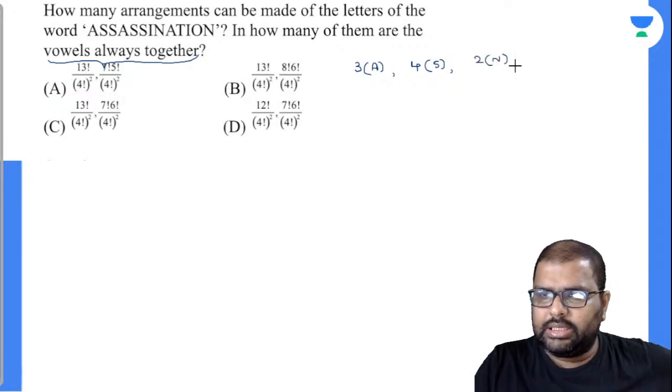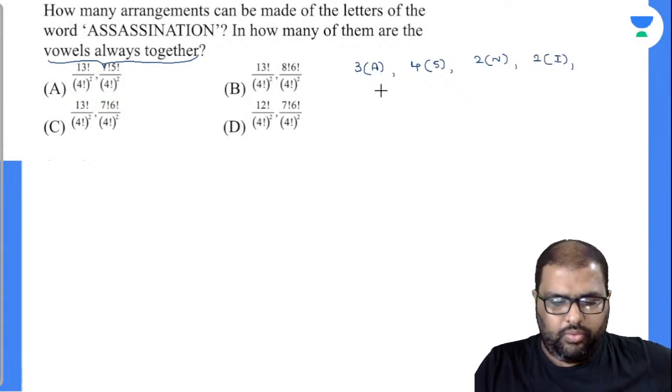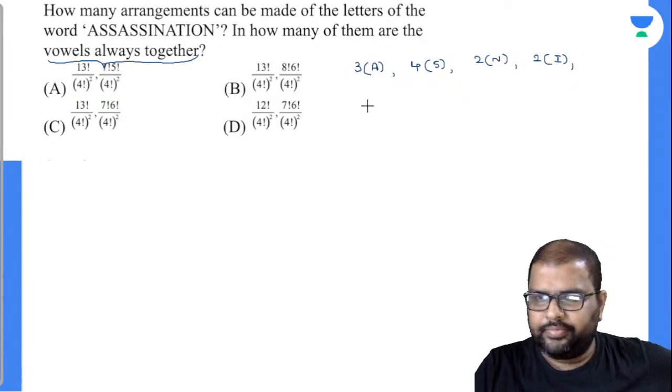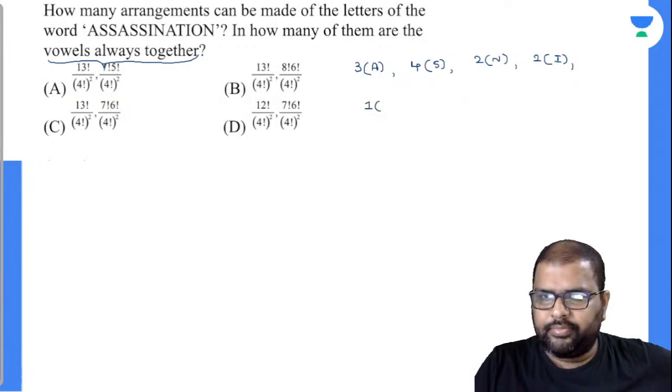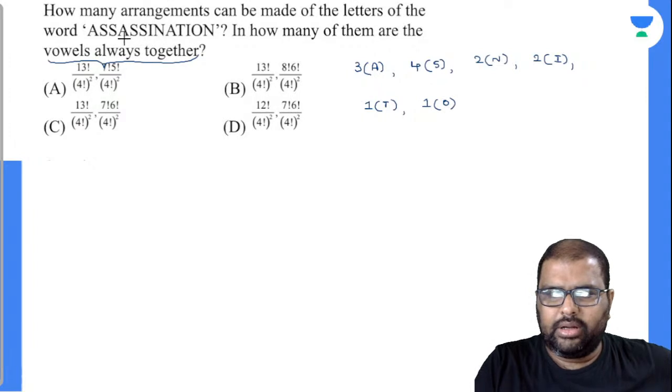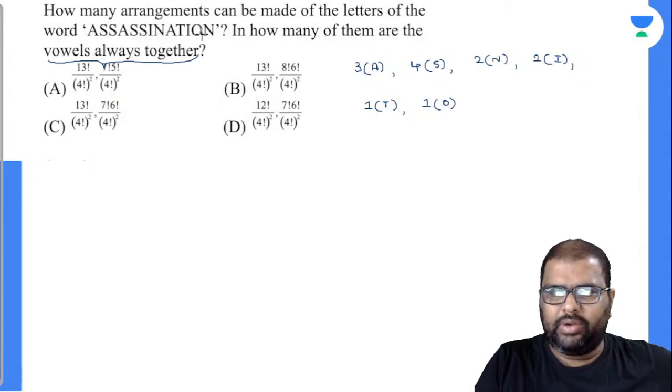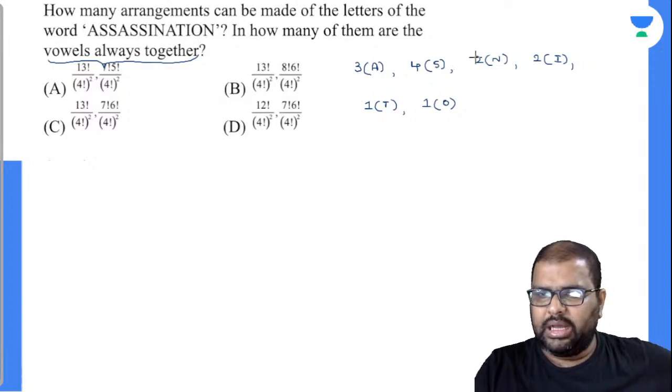How many I's are there? 2 I's are there. 1 T. 1 O. Is there any other letter? Let's count: 13 in total. Done.